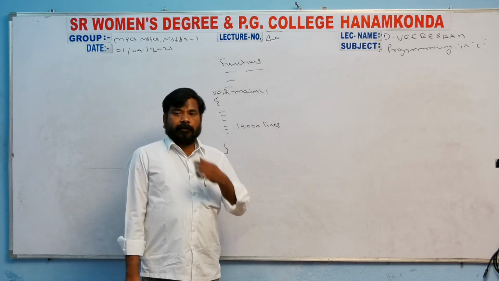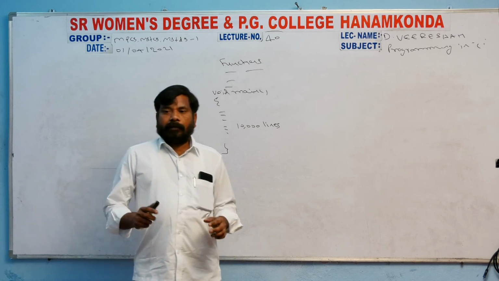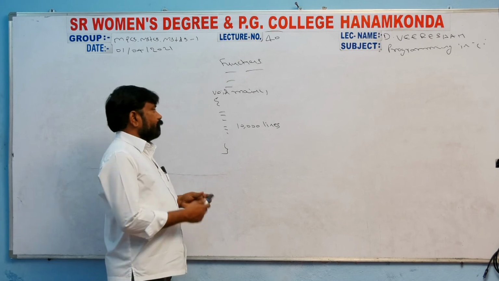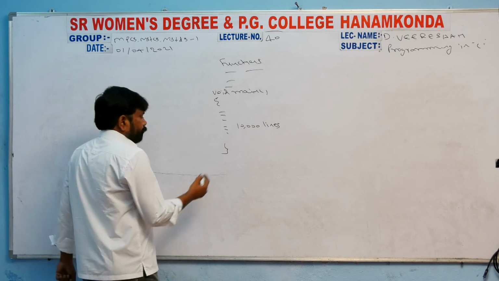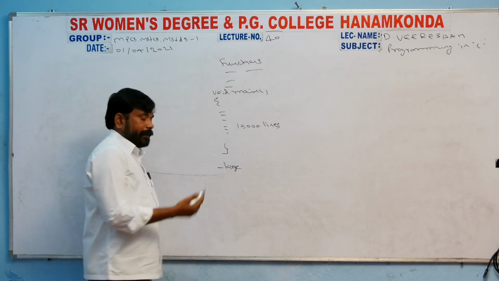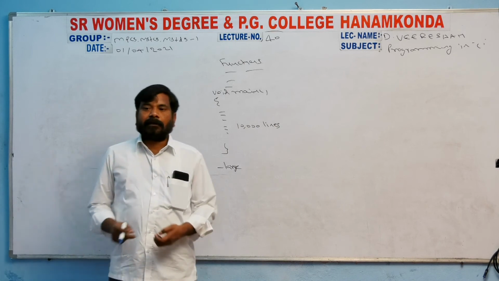Is it right or not? But after writing the program, we'll see what happens. According to the first rule, the program size becomes very large. Is it right or not? 10,000 lines means the program size will be very large.